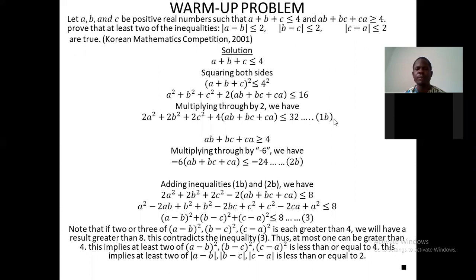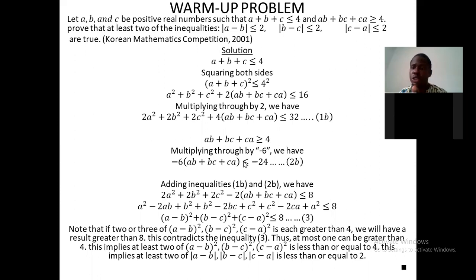Now we take the other information given in the question, which is ab plus bc plus ca is greater than or equal to 4. For this to be minus 2, it means we need to add negative 6 to it. So we multiply through by negative 6. Everybody here has some basic exposure to inequality. One thing you should know is that inequalities are handled almost the same way equalities are handled, except for very few exceptions.